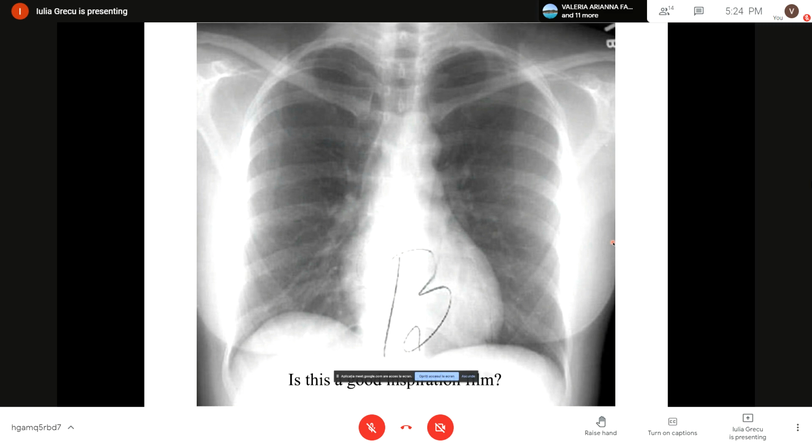Another thing that is essential when we study a film of the thoracic cavity is to determine whether the inspiration that the patient had when we took the film was correct. Usually when we take the X-ray, we tell the patient to take a deep breath in order for the air to reach all the alveoli and to uniformly and beautifully distend the lungs.